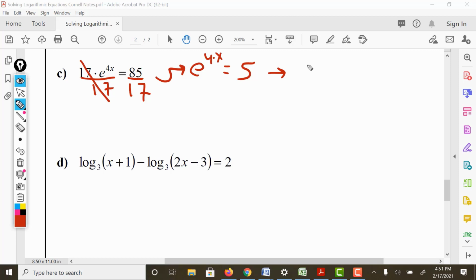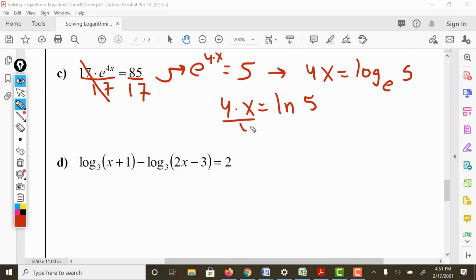So the exponent is the logarithm of the base. Log base e is natural logarithm. This is the exact answer.